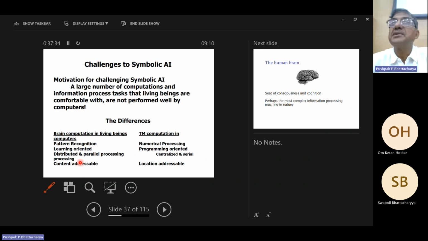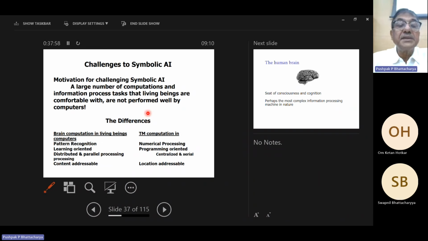We get a part of the information and the rest of the information is retrieved. Whereas in a Turing machine, it is location addressable. It is better understood by the von Neumann machine. The CPU places an address on the address bus, and the content from that location comes to the CPU for further processing. Okay, so these are important differences.